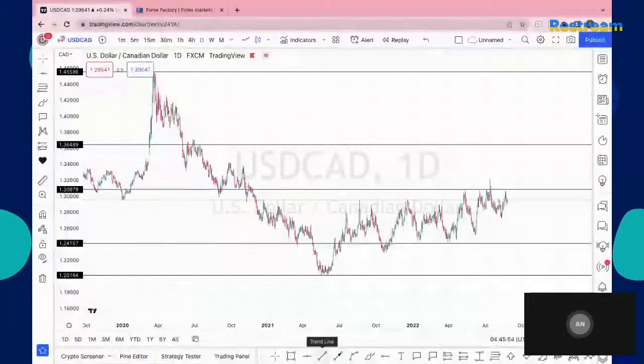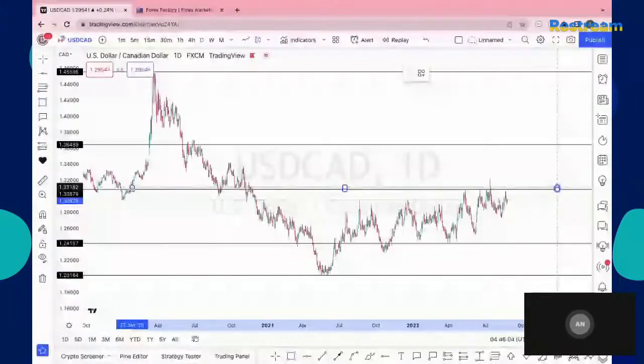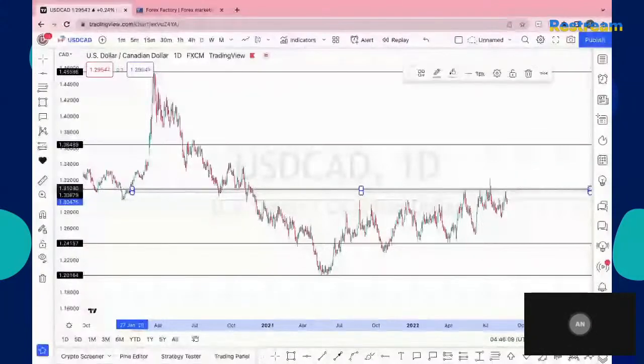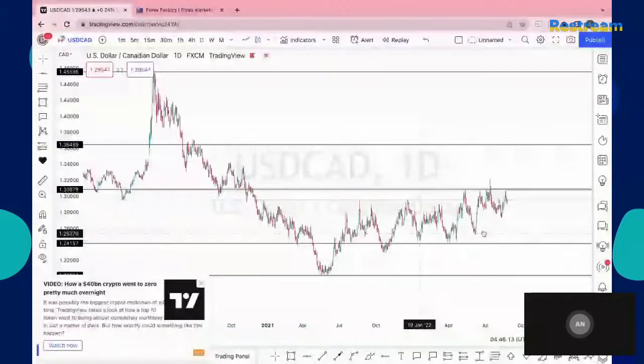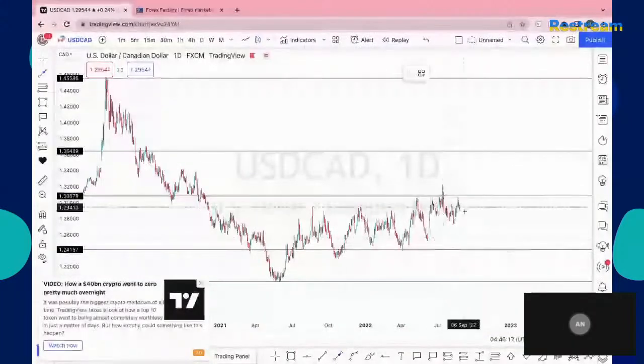It has volatility, and when something has volatility, so let's say I can see this zone here, it's a major zone for the USD CAD, right? For USD CAD to break out of here, it needs volatility, right?